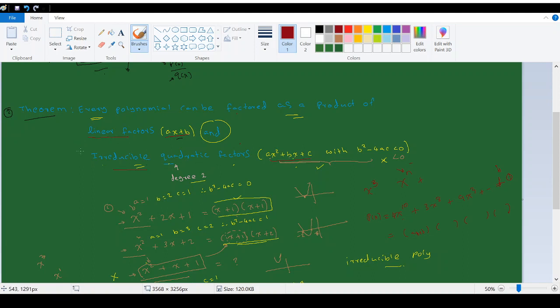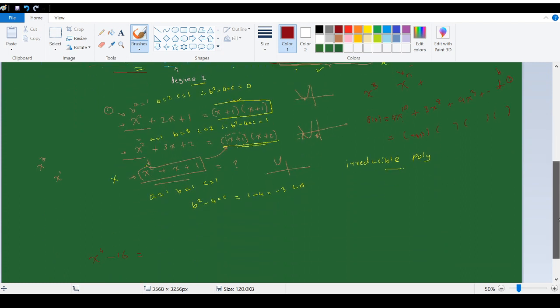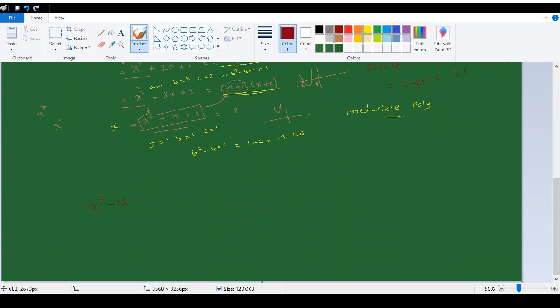But it is not a must to have both of these things. It will contain at least one of these two things. It can have both these terms or one out of these two, right? It is not a must to have both at once. But in this example, it has both linear factors as well as irreducible quadratic factors.